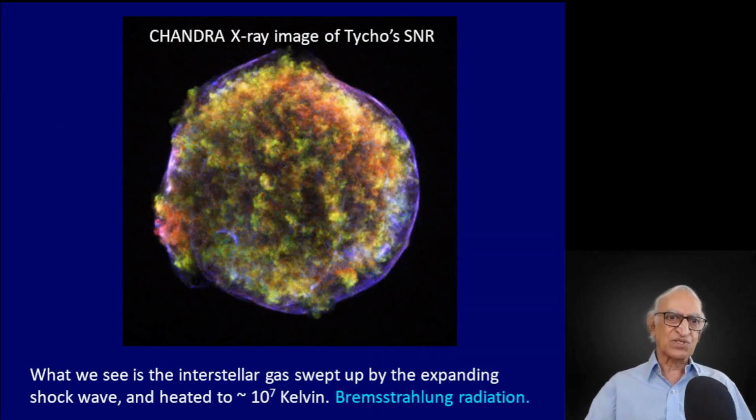Now, that's what you see. Now, here is Tycho supernova remnant, which Tycho Brahe saw in the year 1572. It, of course, emits radio radiation from synchrotron radiation. We'll come to that presently. But what you see here is X-ray emission, Bremsstrahlung, electrons colliding against ions in the 10 million degree shock-heated gas.